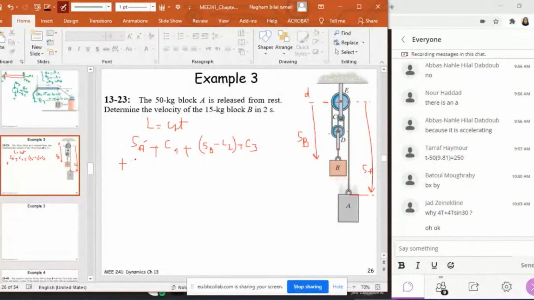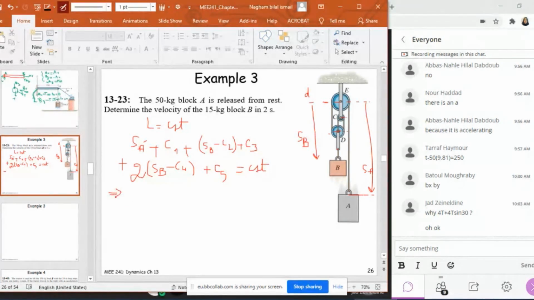I'm gonna say it is SB minus C4, plus this distance here, which is also constant, C5, plus the distance from this point to this point, which is equal to this distance, SB minus C4. And this is equal to a constant, which is the length of the rope.